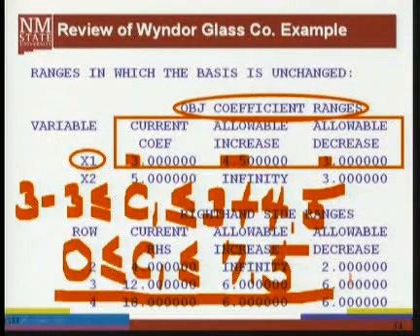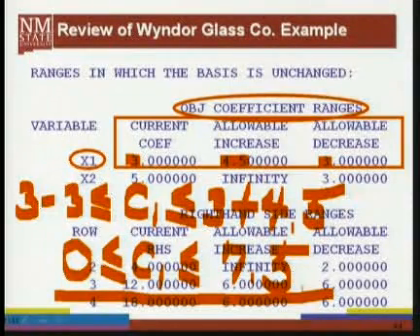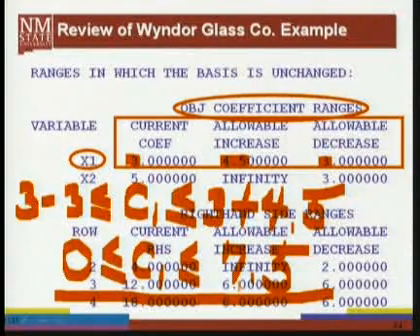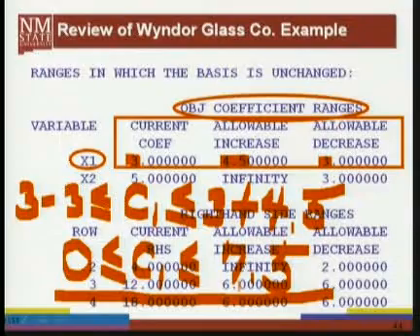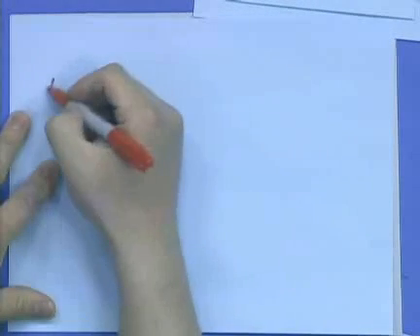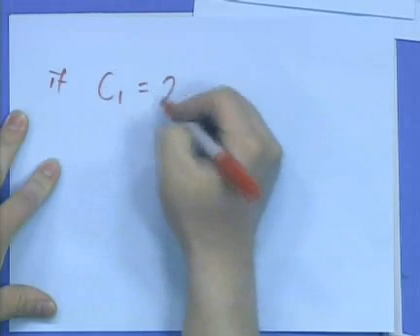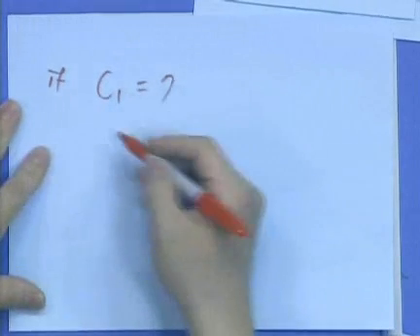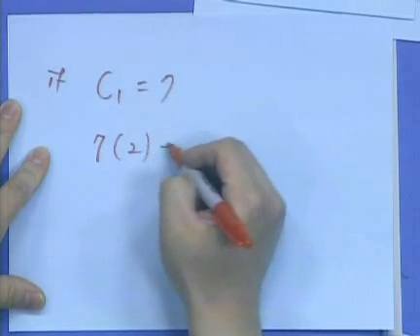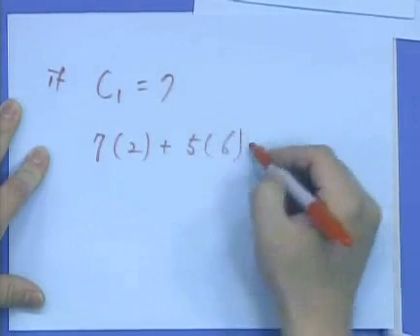Of course, even if the C1 is within these ranges, the window glass profit will change, right? For example, if C1 is 7, then the window glass profit will be 7 times 2 plus 5 times 6, right?